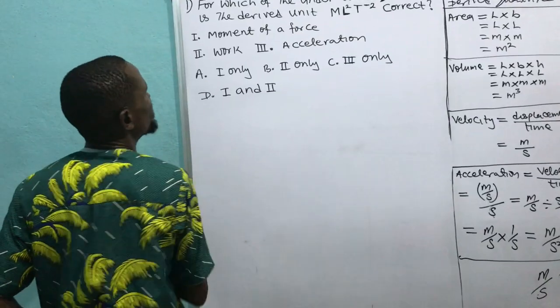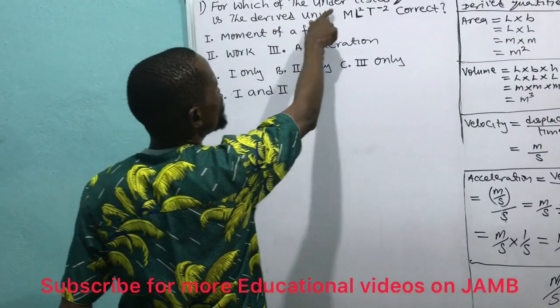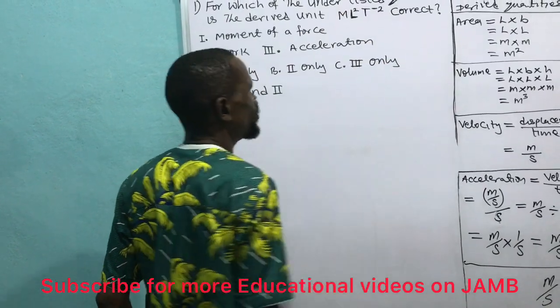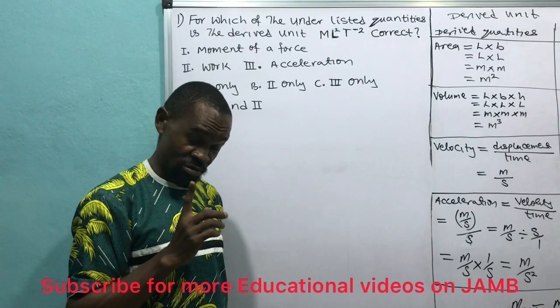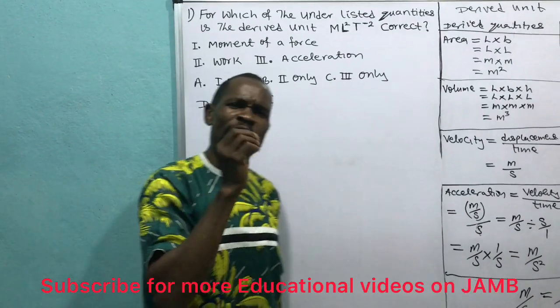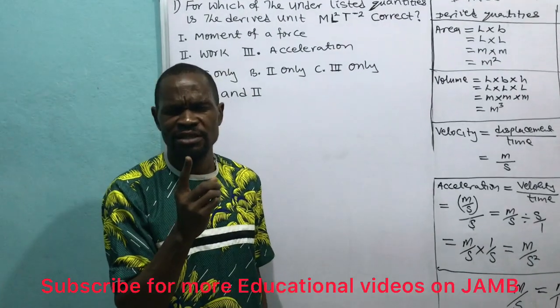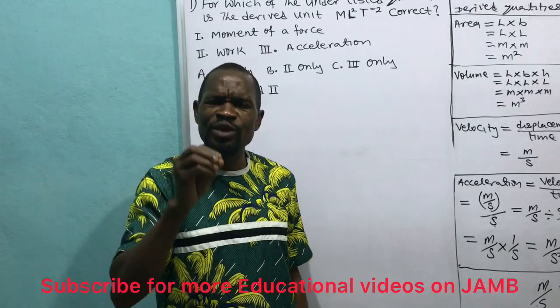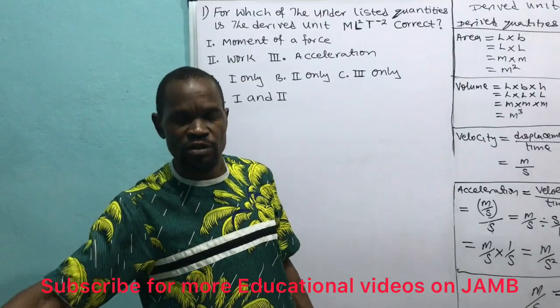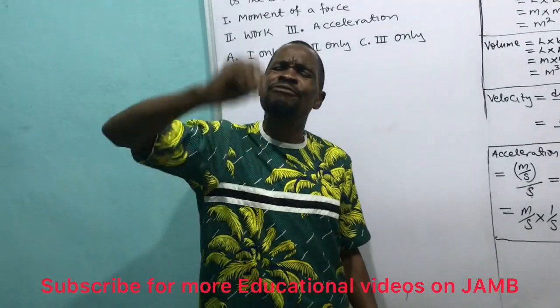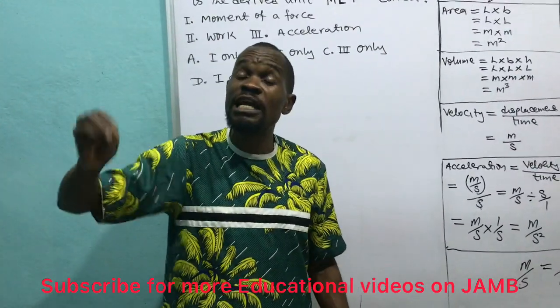The question says, for which of these underlisted quantities. Another important thing, without wasting time, is that a quantity that has the same unit must have the same dimension.